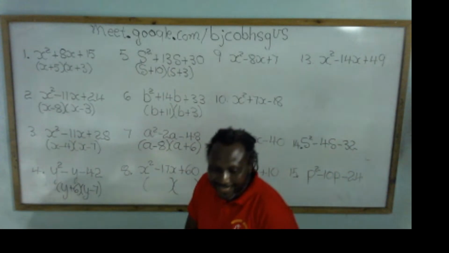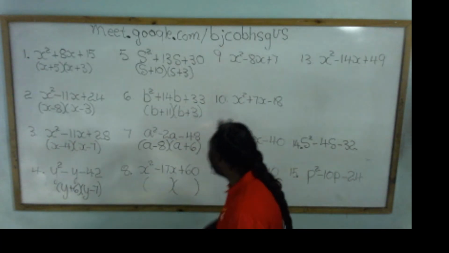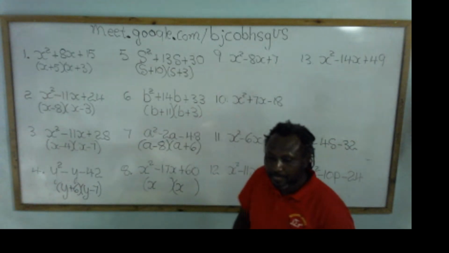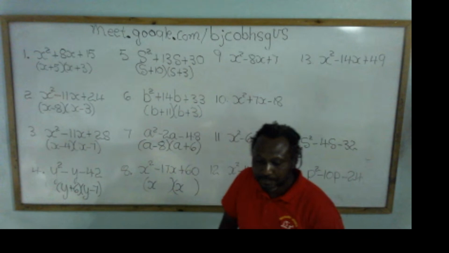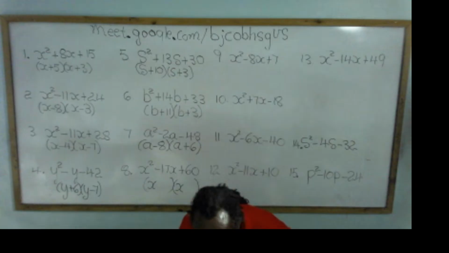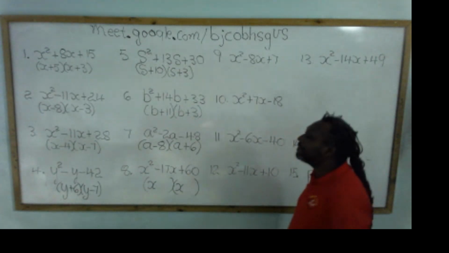The only assistance that I can give you now is to put the x's in. Negative 5, negative 12. 5, 12, 60.